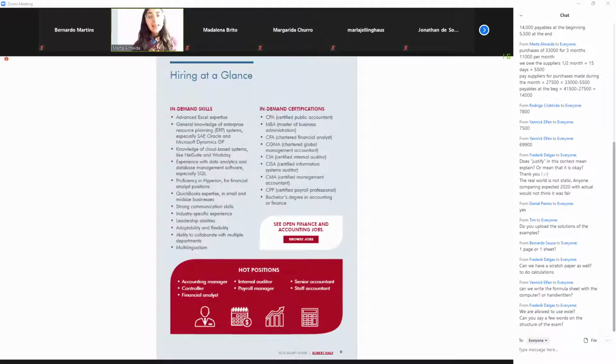And if you want to search on LinkedIn for a post in this area, what are the names of the job posts? Anything ranging from controller, financial analyst, accounting manager, internal auditor, senior accountant. So these are positions that are related with the topics we talked about.